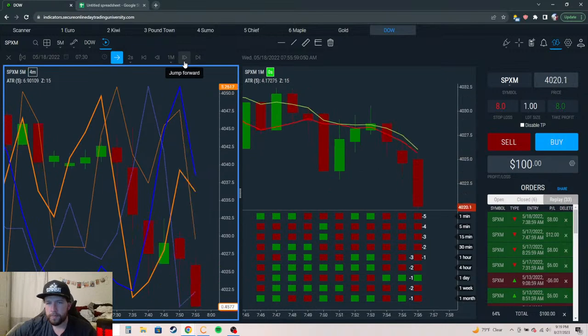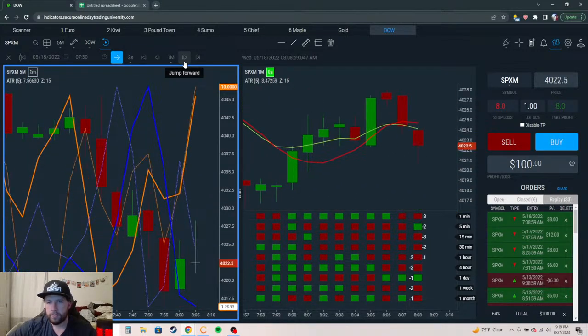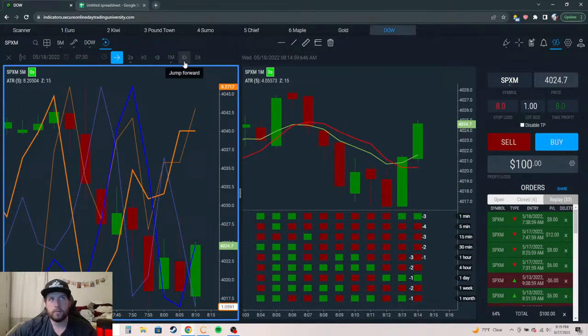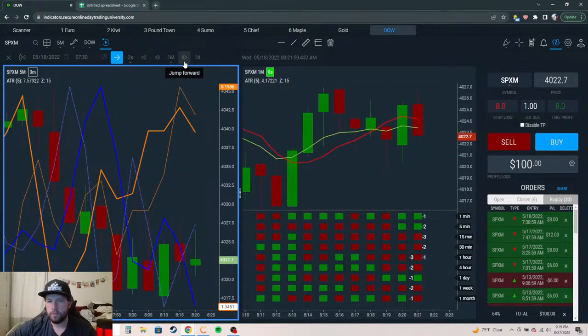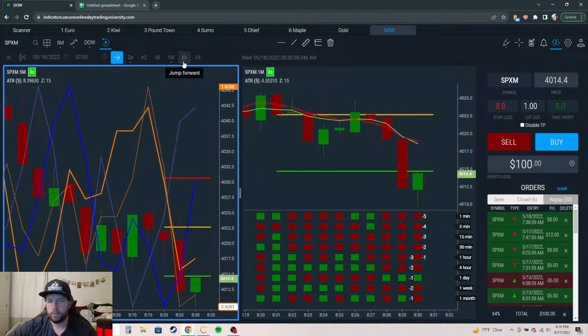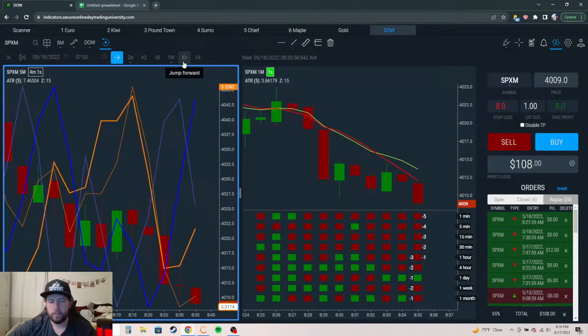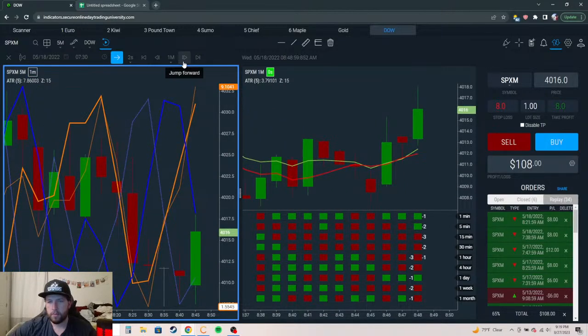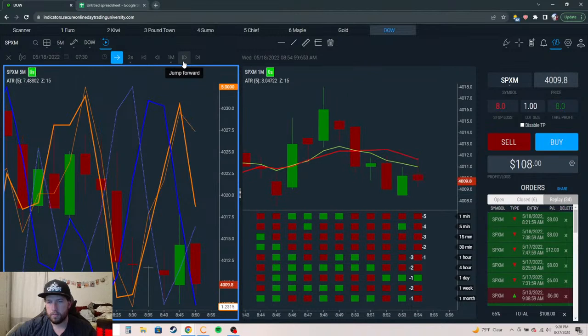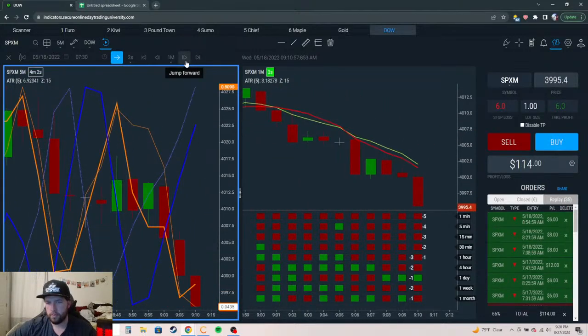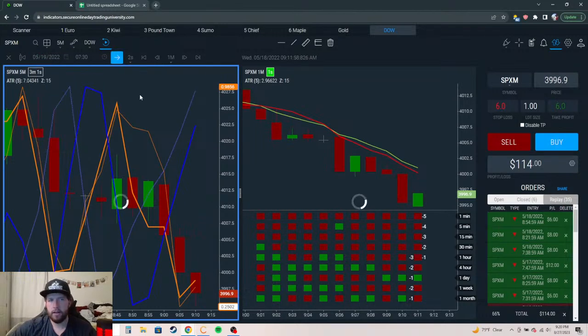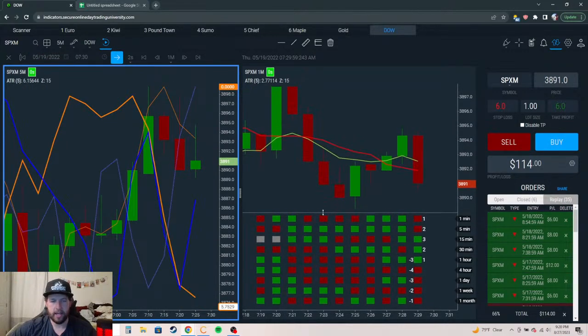Fast trade. Okay, last trade that day, next day. This is May 19th of 22.